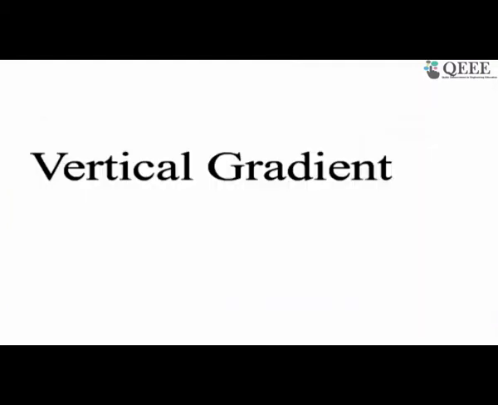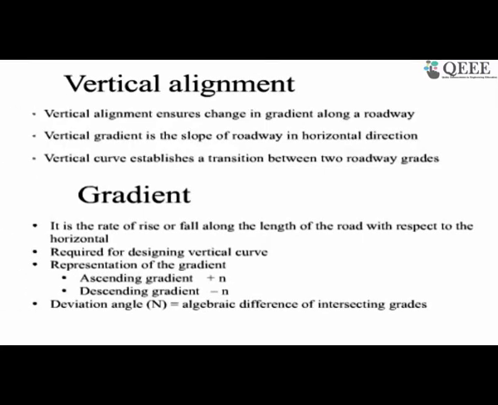Next we'll be moving into the vertical gradient, and I think in 5 to 10 minutes we'll be ending this vertical gradient. We talked about the horizontal alignment. Now in the vertical gradient we are going to see how, wherever there is an elevation difference, we can accommodate that.